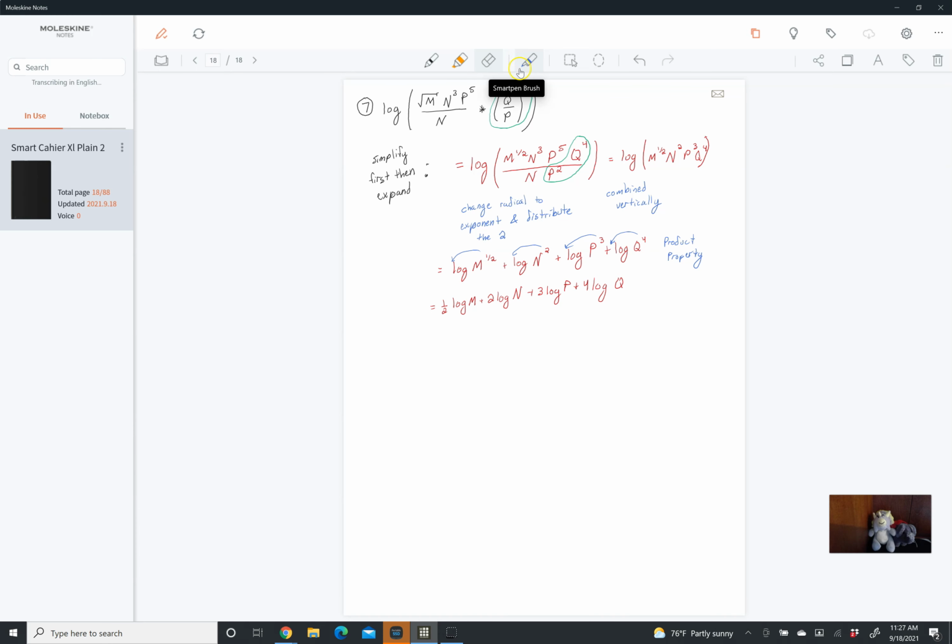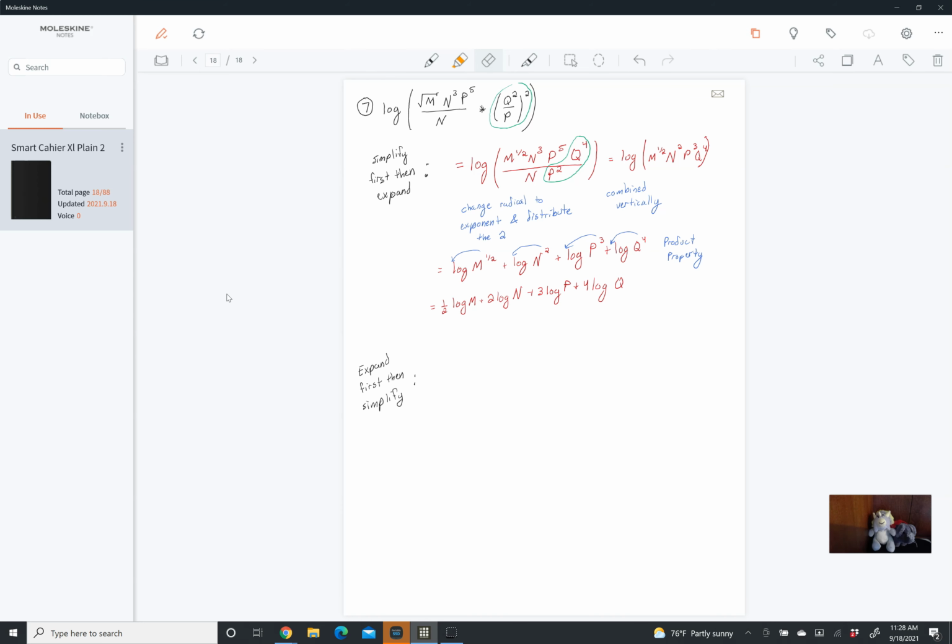Let's take the second method. Let's expand first and then simplify, just so that you see how it's done and you can choose. So the first step wouldn't really change here, okay?